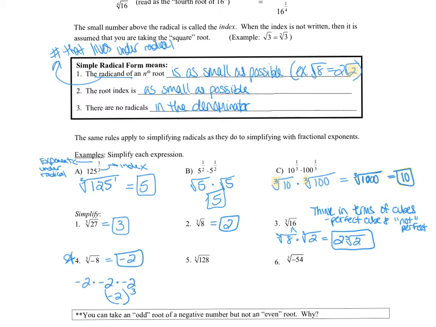Number 5, let's use the same method as before. It's not a perfect cube, so let's try and break it up into a perfect and a not. Let's write out a list to help ourselves of the first 10 perfect cubes.